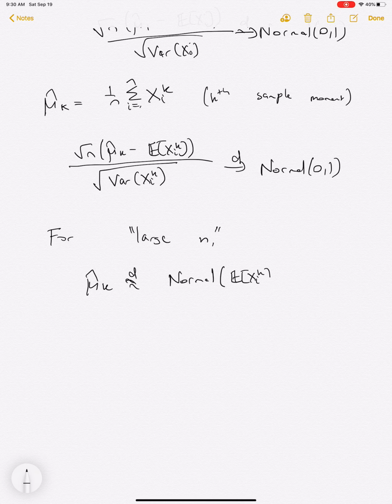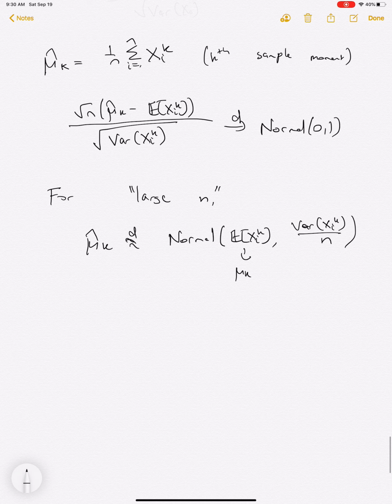So this is like our population mu k here. And then the variance is going to be the variance of xi to the k over n. Remember, we again get this n here because we have this n right up here.